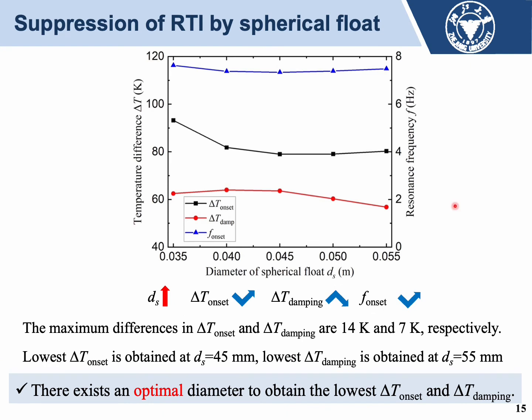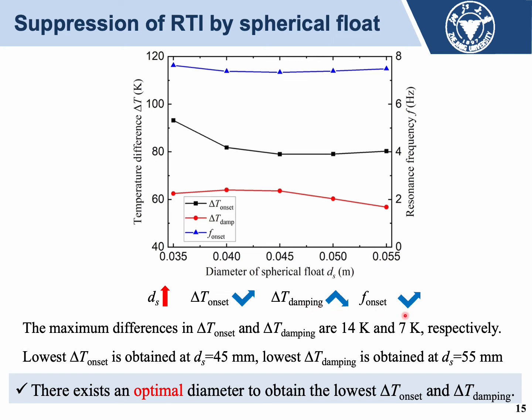In addition to cylindrical floats, spherical floats are also employed to suppress the instability of the free liquid surface. Five spherical floats with different diameters are used. As the diameters increase, onset temperature difference and onset resonance frequency experience a decrease at first and then an increase, while the damping temperature difference experiences an inverse trend.